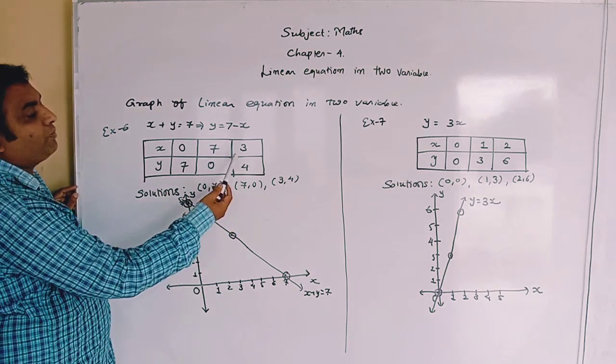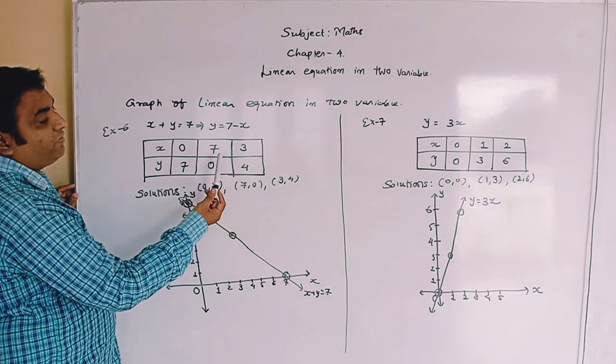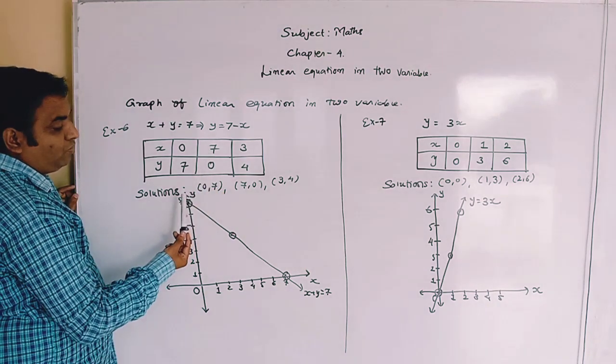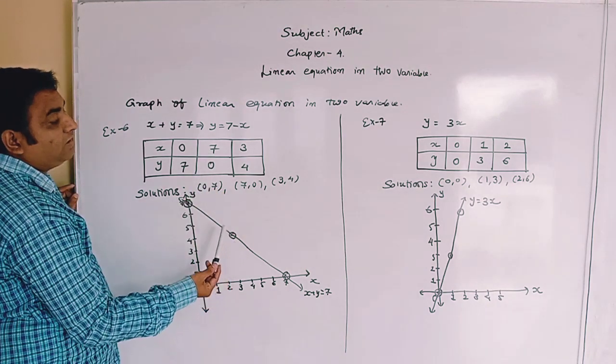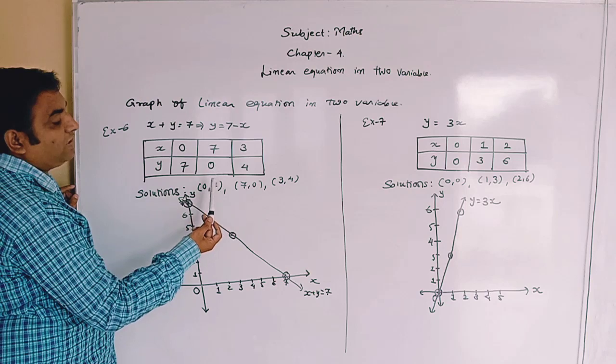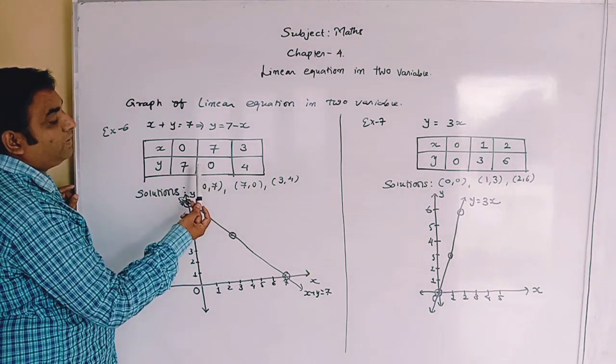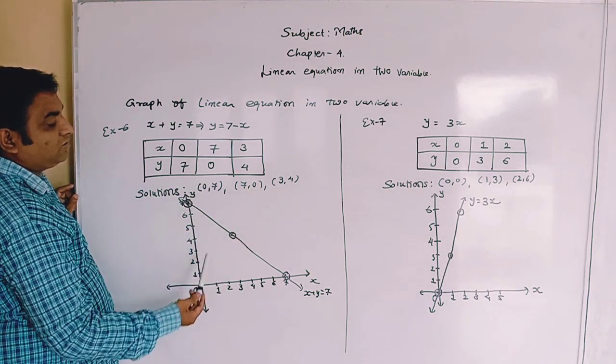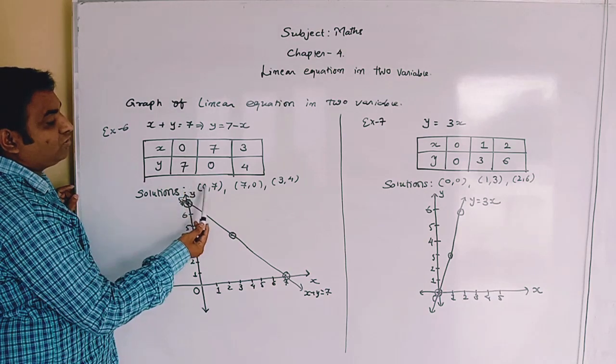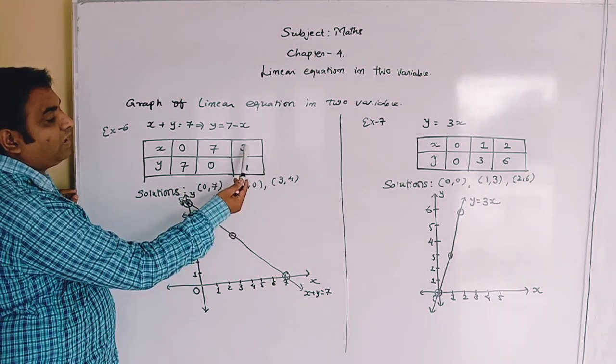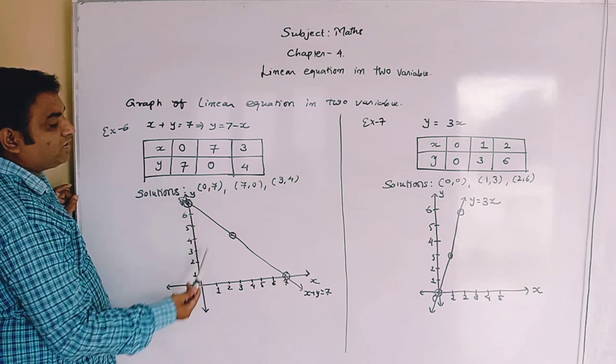Now we will not take more values. We know that only 2 points are required for a line, so 2 or 3 values are enough. Here I have taken 3 values, and the 3 solutions are (0, 7), (7, 0) and (3, 4). We mark these points on the graph.